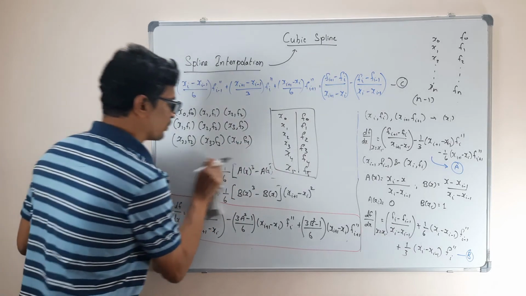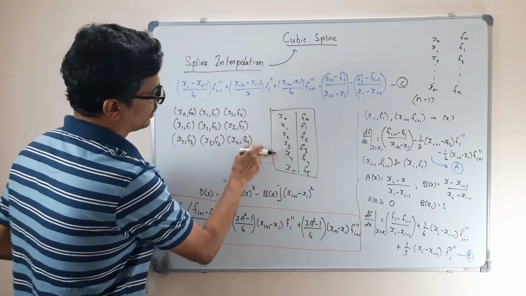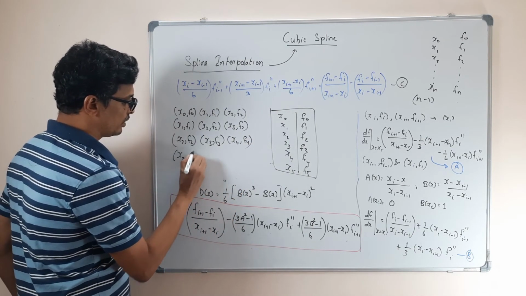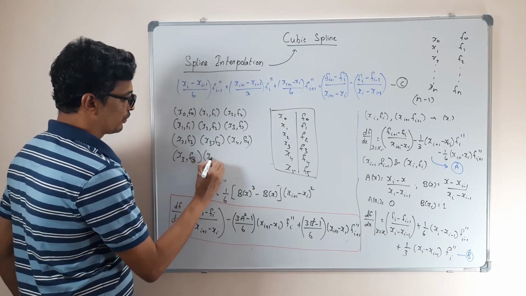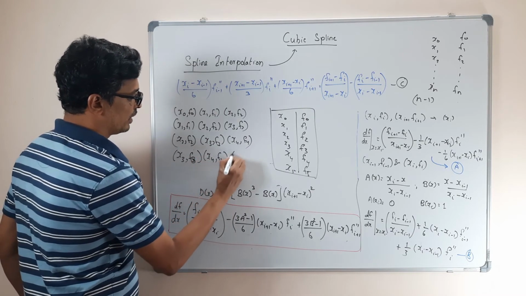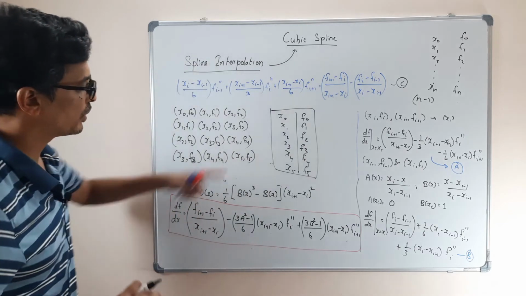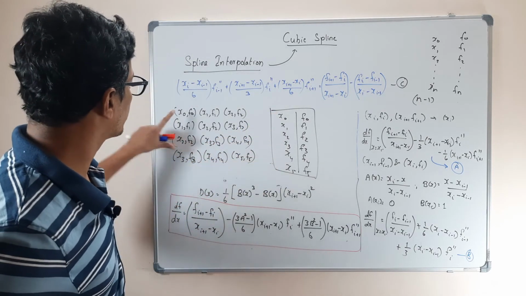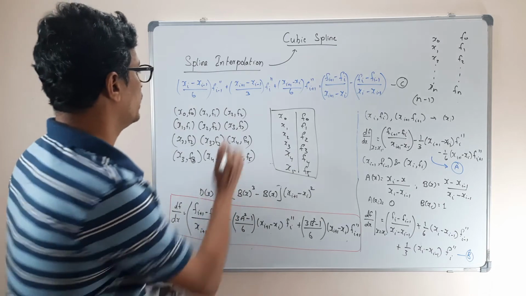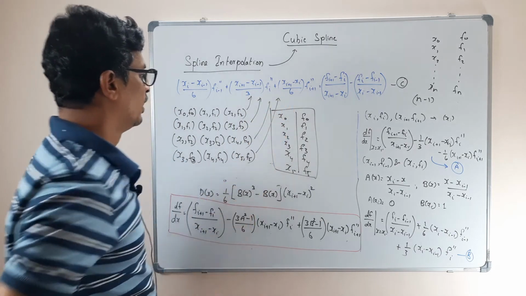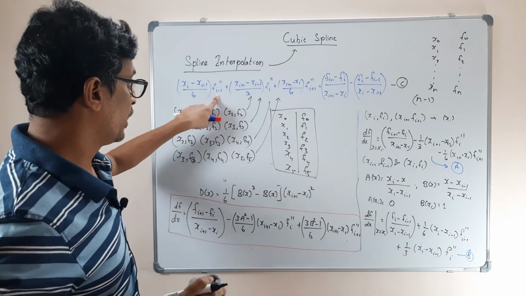One more equation we can form because we have taken 6 points: x3, f3, x4, f4 and x5, f5. So for 6 data points, we can construct only 4 equations. But how many unknowns do we have?